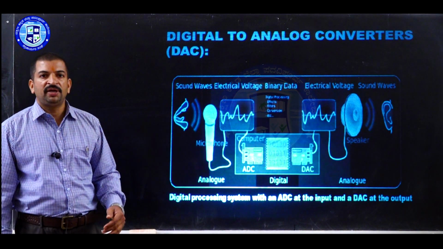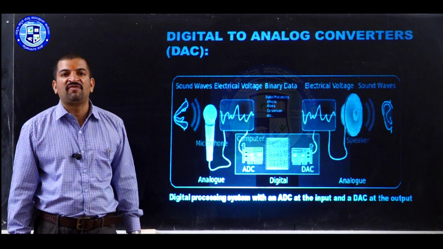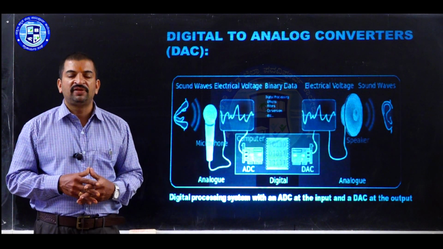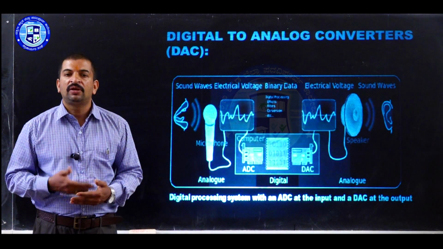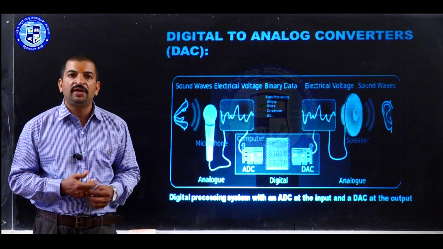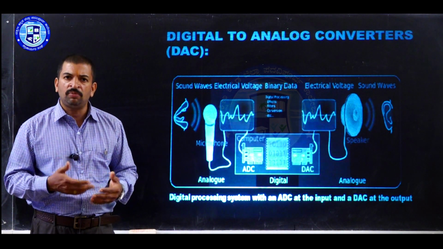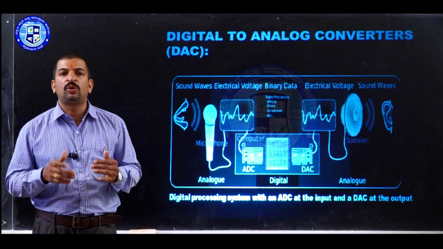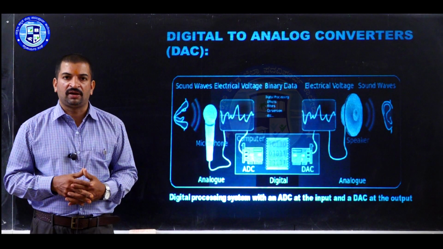Once the information is stored in digital form, less space is required to store the information. So, for example, the pen drive, the hard disk or DVD, CD, Blu-ray disc, any digital storage device, information is stored in the form of digital.